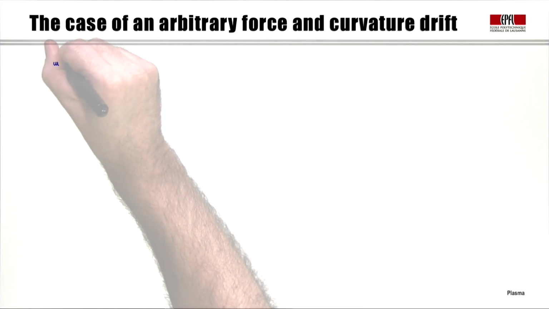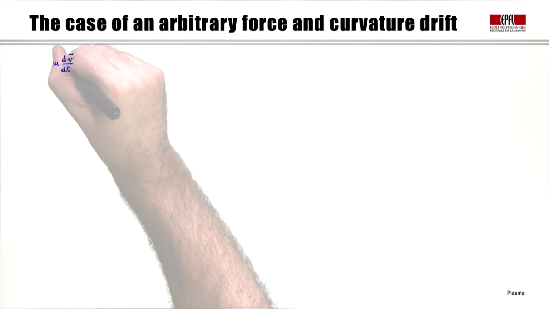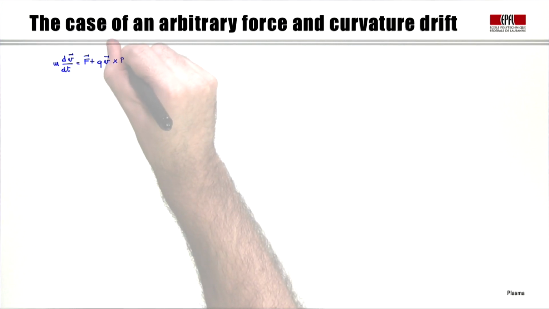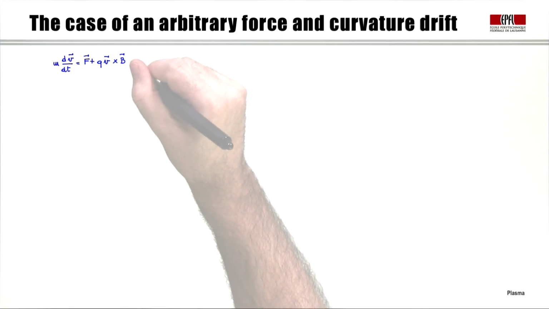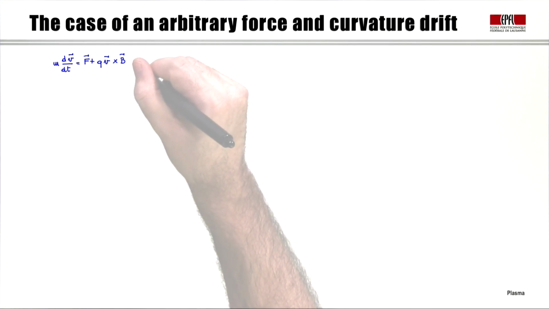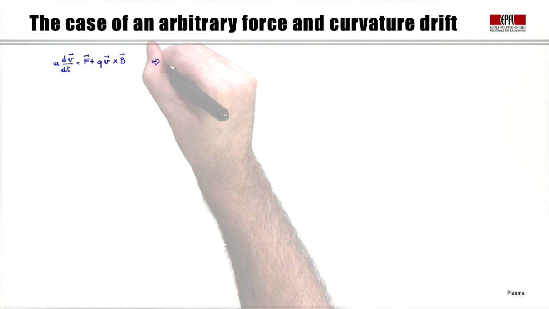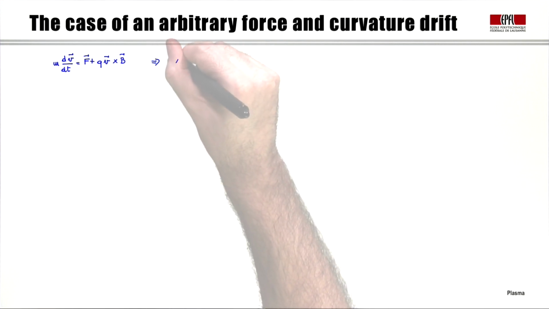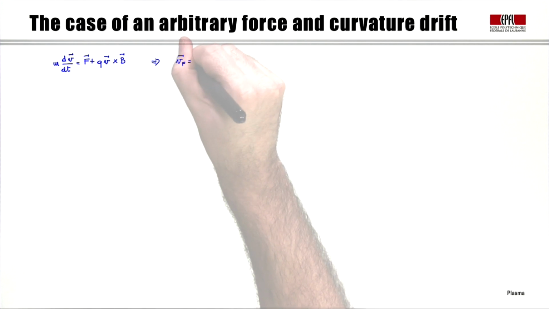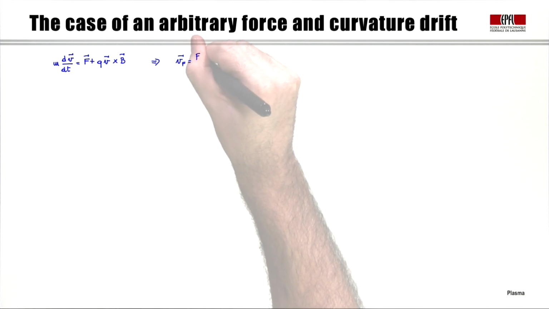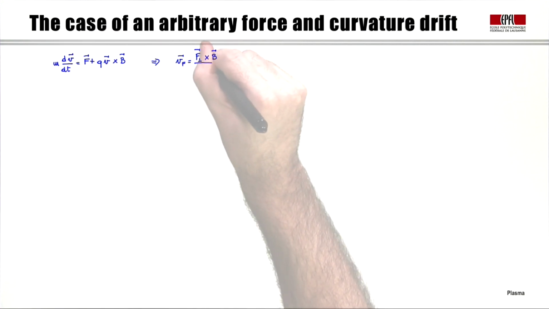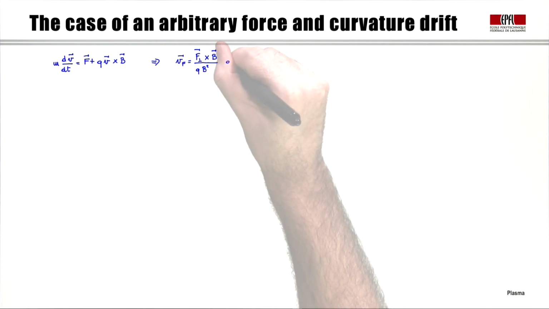Basically, if we have to solve the Newton equation with a constant force on top of the Lorentz force, the V cross B force, well, if we solve this equation exactly following what we have done earlier with the electric field, we will find that the particle moves with the gyrocenter moving with the drift that we will call Vf, and is given by the component of the force perpendicular to the magnetic field cross B, divided by Q B squared.